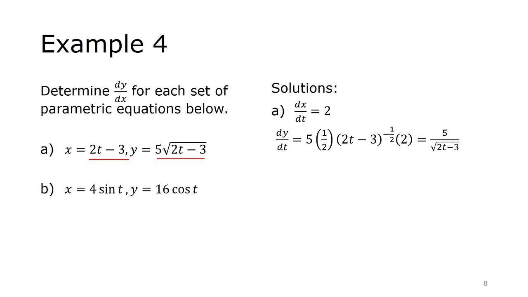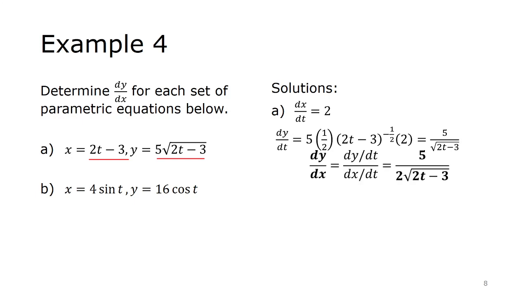We'll multiply 5 by 1/2 times 2t minus 3 to the power negative 1/2. That's using the power rule, but then the chain rule includes an extra factor of 2 at the end. Rewriting that, simplifying it down, the 2 and the 1/2 will divide out. So we end up with 5 over the square root of 2t minus 3. Now, to finish up the problem, to calculate specifically dy dx, we need to divide those two derivatives.